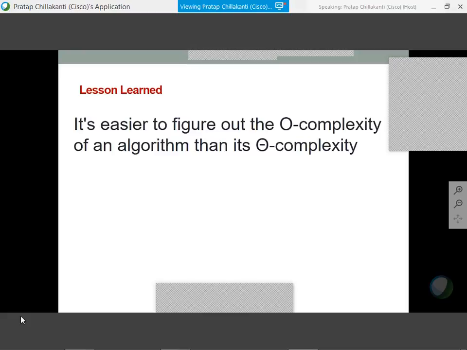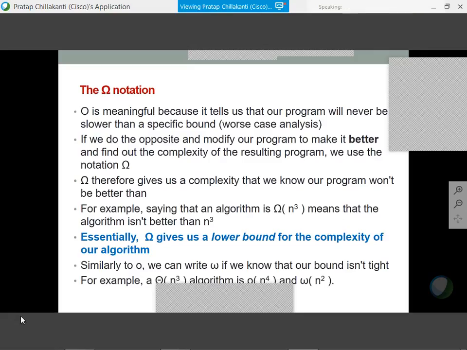But the important thing to know is that O complexity is much easier to find than Theta complexity. Then we introduced the omega notation. While big O talks about the upper bound, omega talks about the lower bound, meaning it will never be faster than a specific bound.